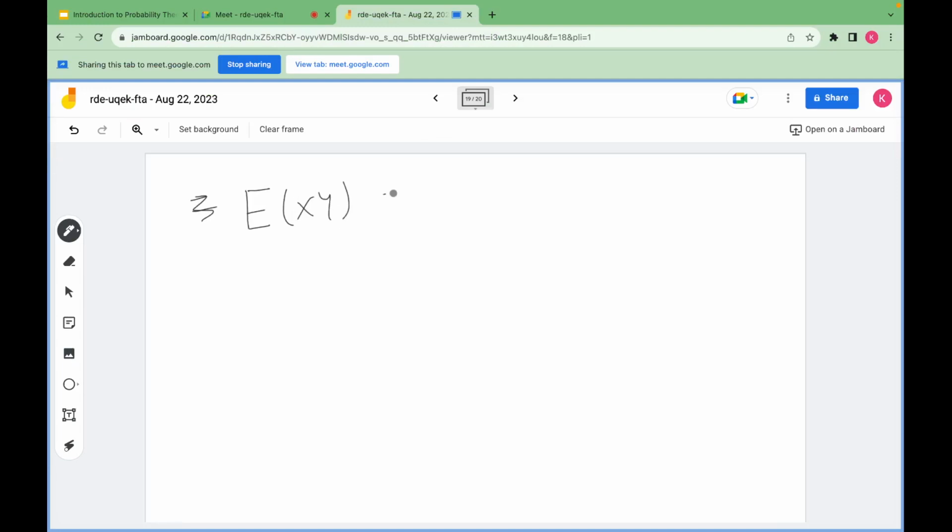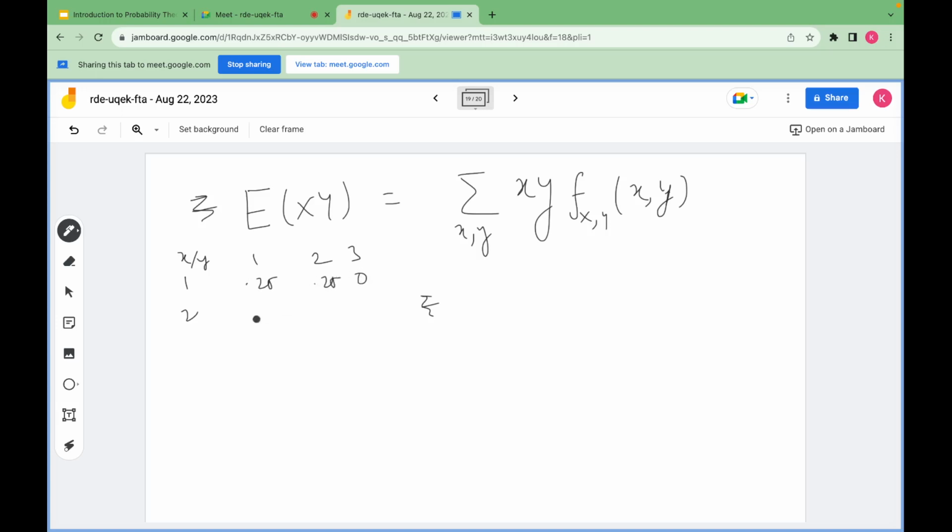So we can write this expectation of xy as the summation of x into y into the joint probability mass function for x comma y. These are the values: 0.25, 0.25, 0, 0, 0.25, 0.25.